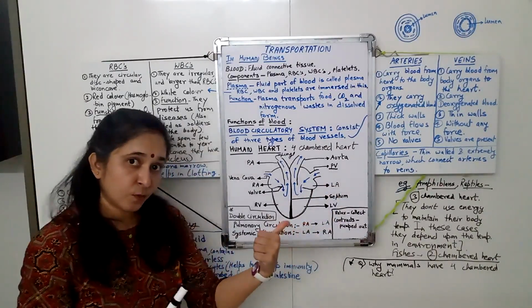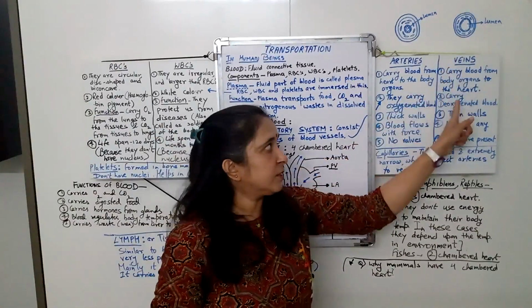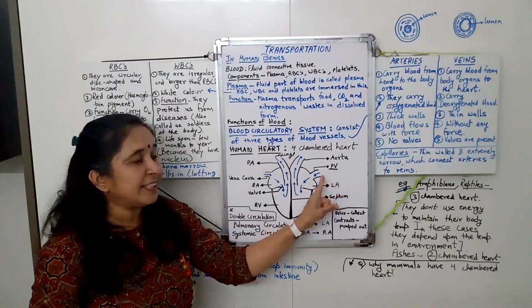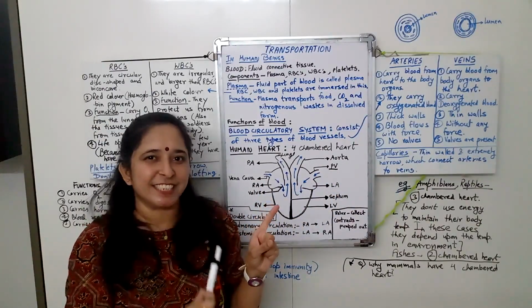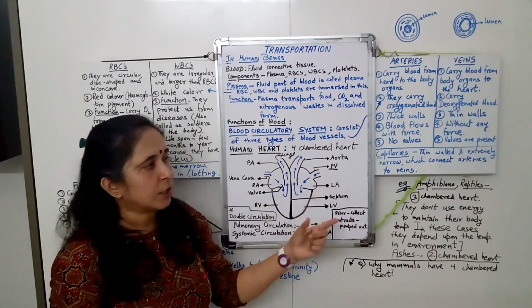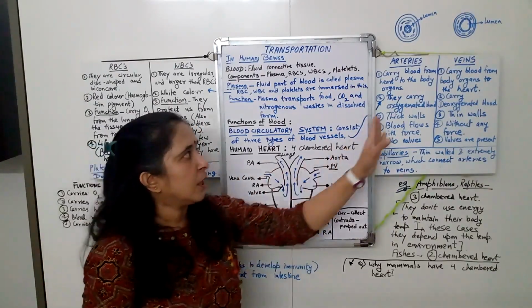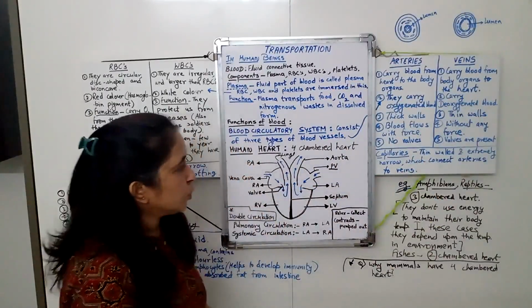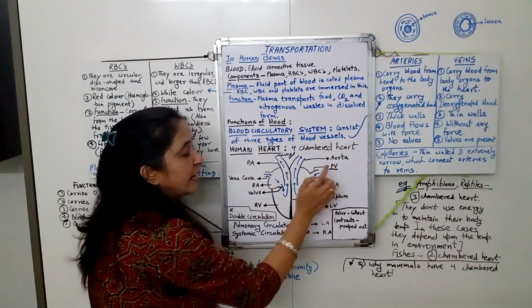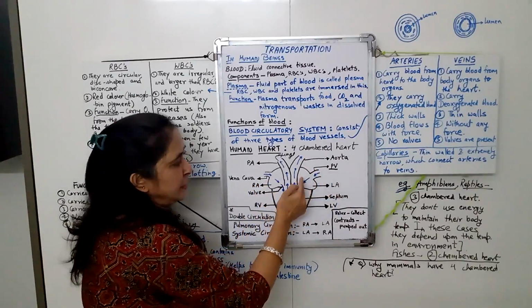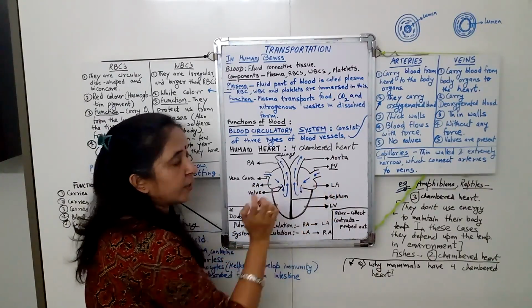Now again you can ask one question. Ma'am, veins carry deoxygenated blood, but here the pulmonary veins carry oxygenated. So this is also the exception. So the pulmonary artery and pulmonary vein, they are the exception, other than this one function. So here the pulmonary vein will carry oxygenated blood from the lungs, and it enters into the heart, into the left atrium.